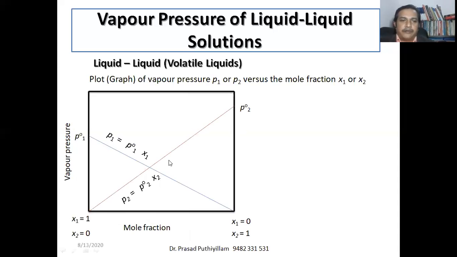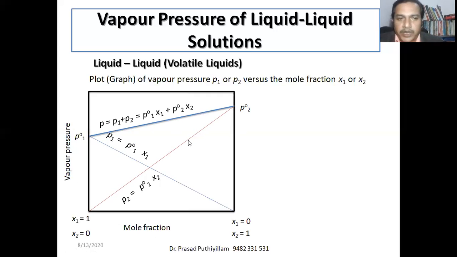And we can say that from these two behaviors, the total pressure exerted by these two components, that is total pressure P equal to P1 plus P2, or equal to P01 X1 plus P02 X2, will be increasing in this trend line, which represents the total pressure exerted by component 1 as well as component 2.